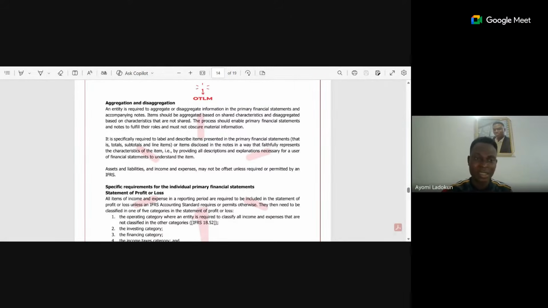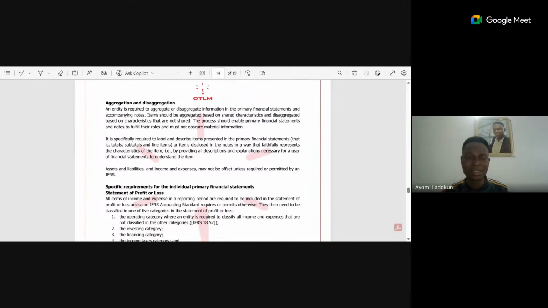However, the standard says assets and liabilities, income and expenses cannot be offset unless it is permitted by a specific IFRS. For example, if you go to IFRS 9, there are conditions where you can offset your financial instruments. That's your financial assets and financial liabilities. Those two conditions stated under IFRS 9 must be met before you can actually offset.